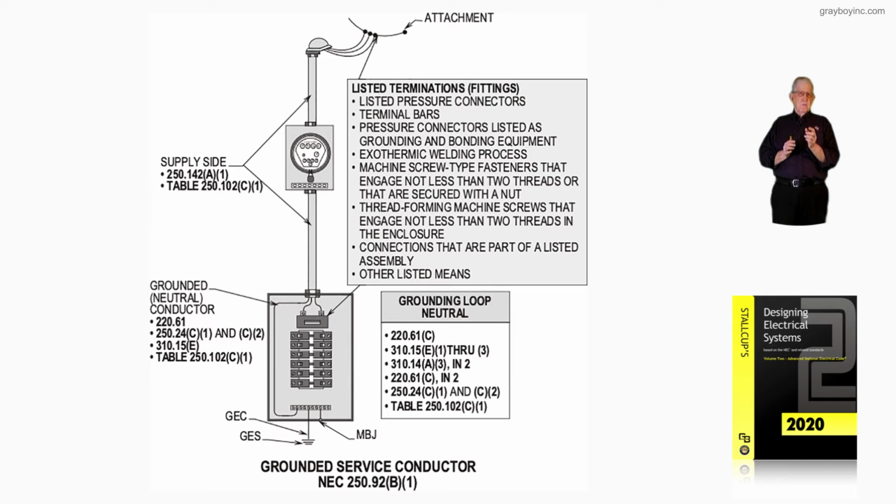Now, for example, say that you calculated by 220.61 a number 4 neutral because you had more phase-to-phase loads. And the circuit mapping rule of 70B, as in boy, NFPA 70B, showed it's more phase-to-phase loads and very little neutral loads, so it was number 4.